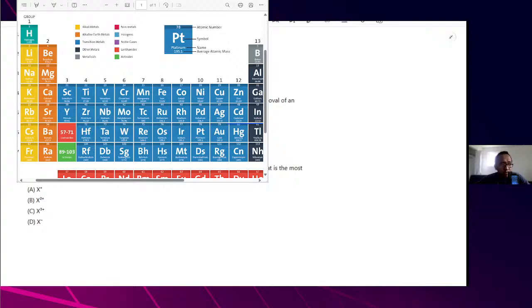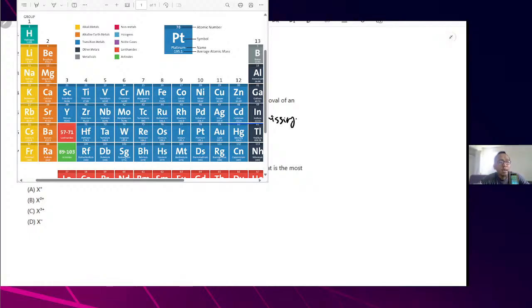Okay, the key concept: if ionization energy is higher, it's more stable and harder to remove. Compare Na plus, already missing one electron.